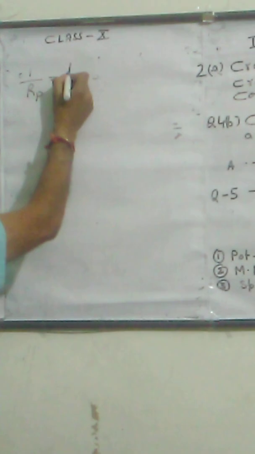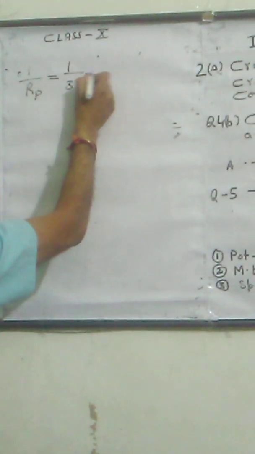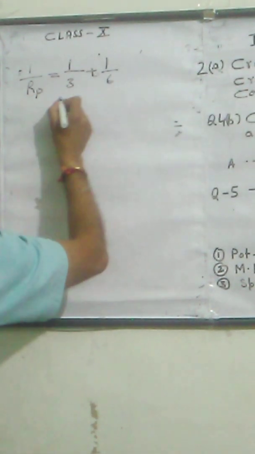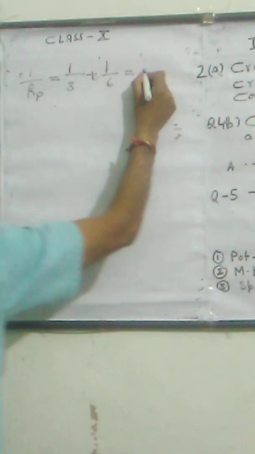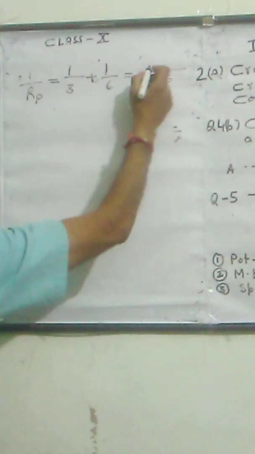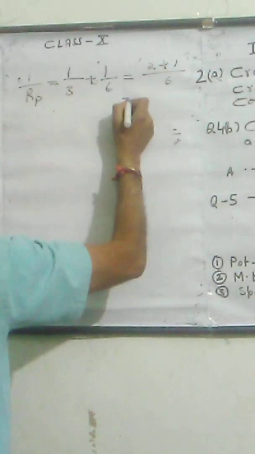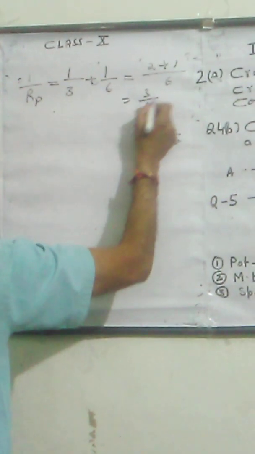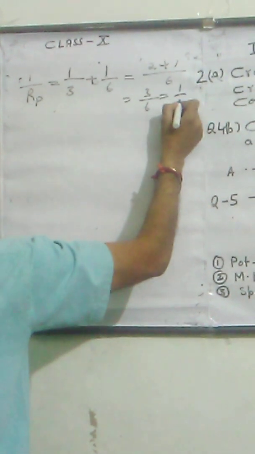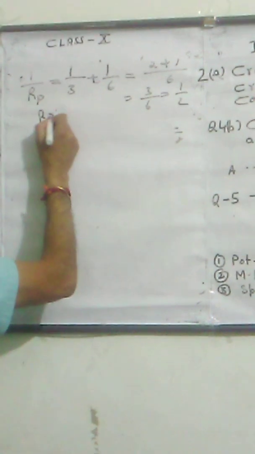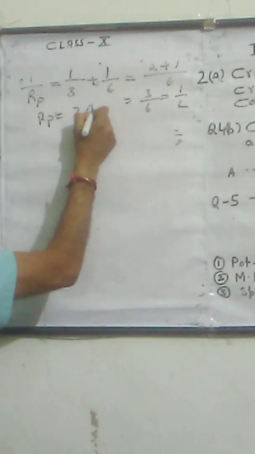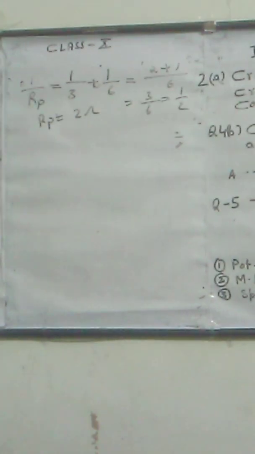It will be 1 upon 3 plus 1 upon 6. For that we take the LCM, which is 6. So 2 plus 1. On solving this, we get 3 by 6, which means 1 by 2. So RP equals 2 ohms.